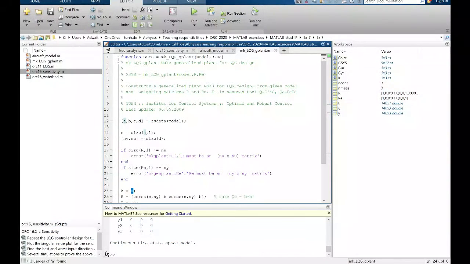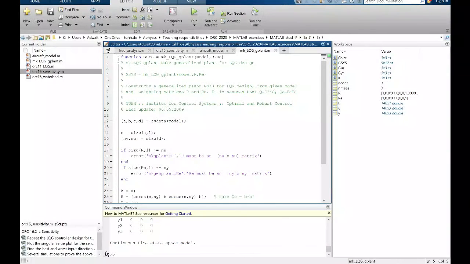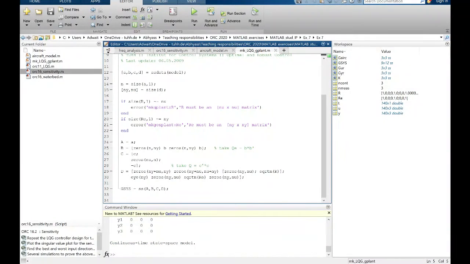So this is the function given to us, make LQG plant. It takes in as input the open loop model matrices A, B, C, D, and the tuning knobs R and RE, builds this generalized plant, and returns the generalized plant as a state space model.